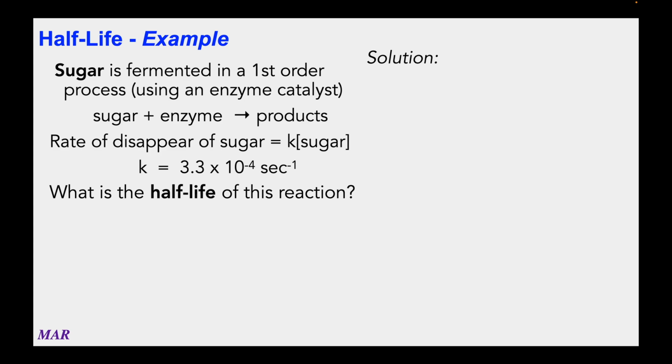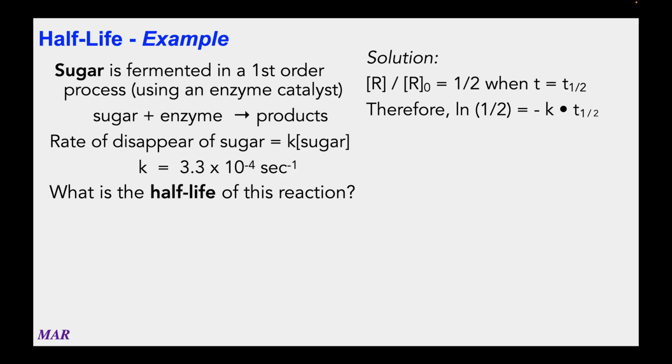Now, to answer this, we're going to go back to the first order integrated rate law, where natural log of R over R0 equals minus KT. However, before we do that, R over R0 is going to equal 1/2 when we're at half-life. So if you started with 5 moles, you'll be down to 2.5 moles. If you started with 1 mole, you'll be at half a mole.